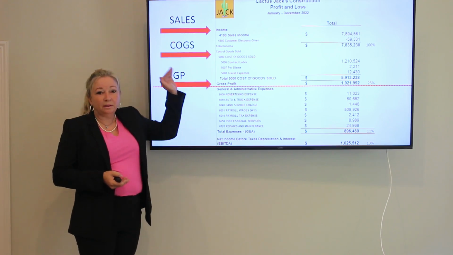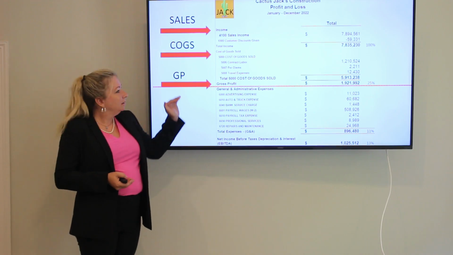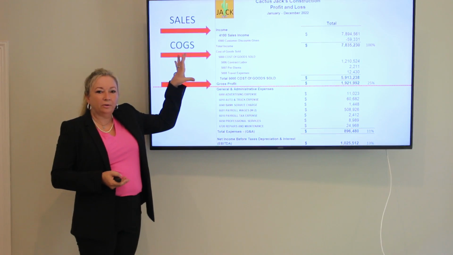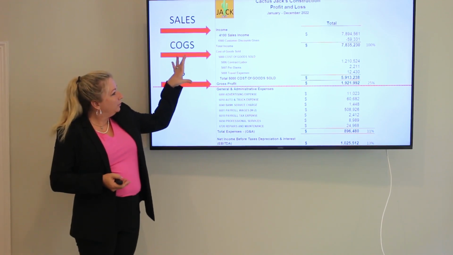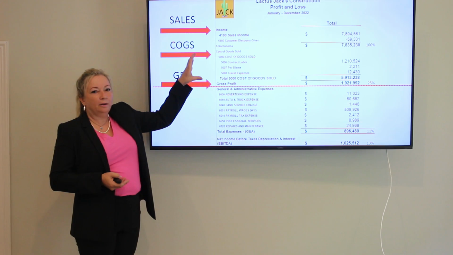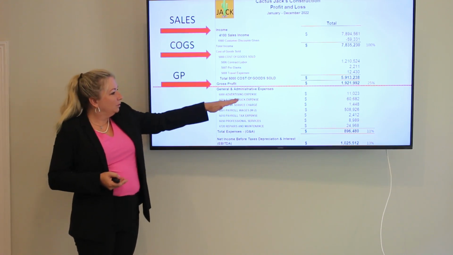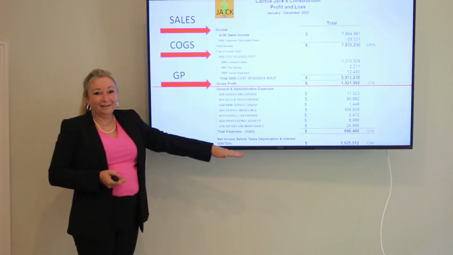The difference between the top line and the bottom line is the elements in the top section drive your sales. Meaning, if you don't have this part, you don't have this part. But you will always have overhead, right?